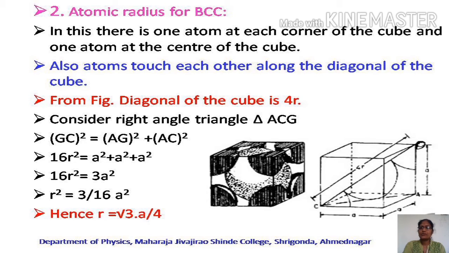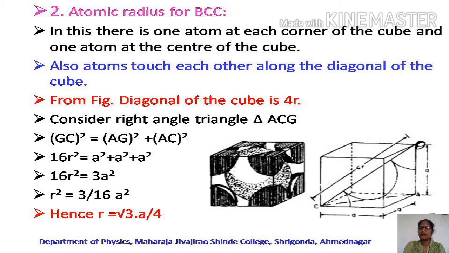In case of triangle ACG, GC square, that is diagonal square, is equal to AG square plus AC square. Looking at the figure, AC square is nothing but A square plus A square and AG is given as A. Therefore, GC square comes out as 3 into A square, because its value is A square plus A square plus A square.